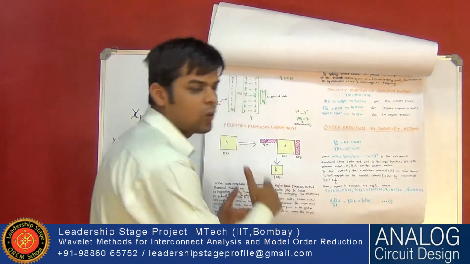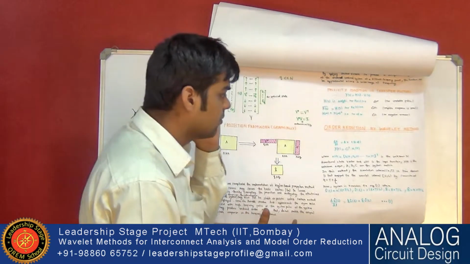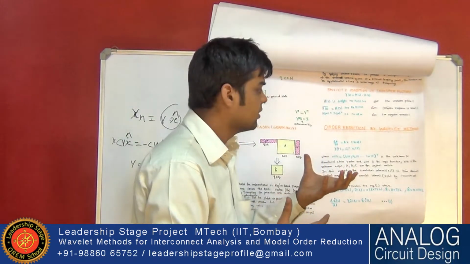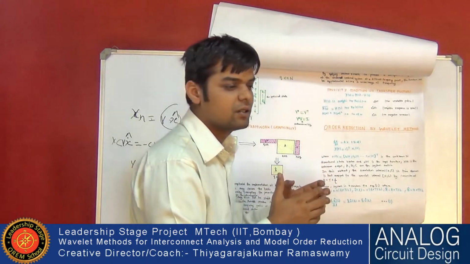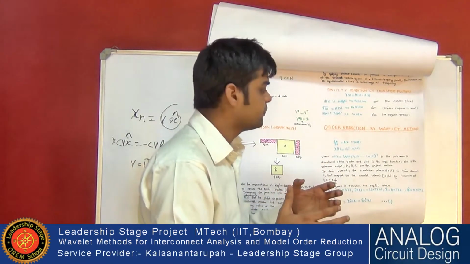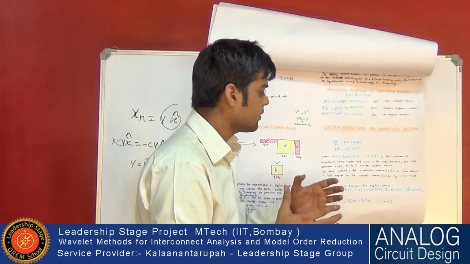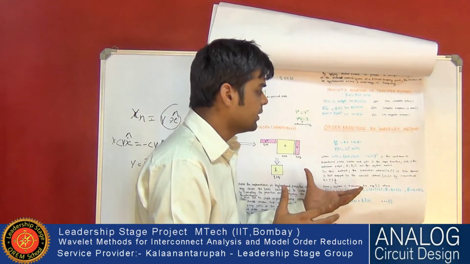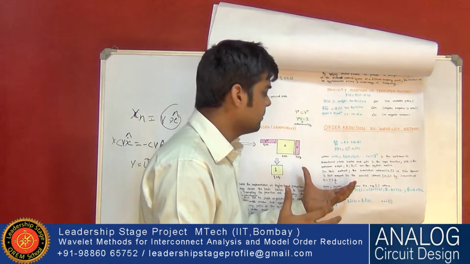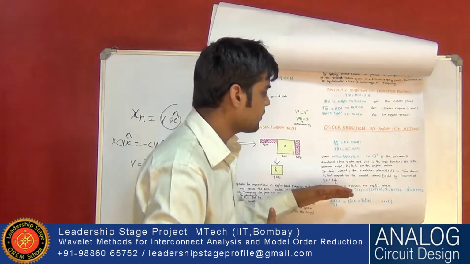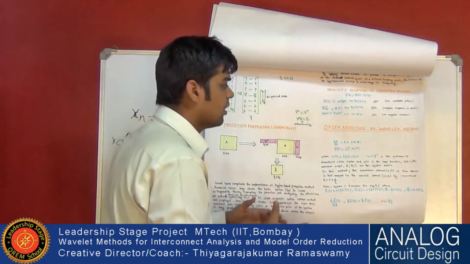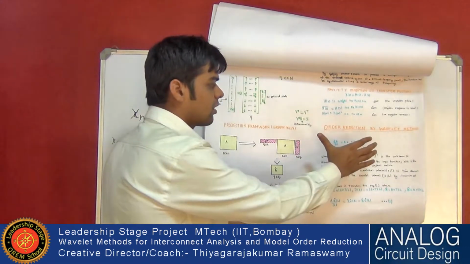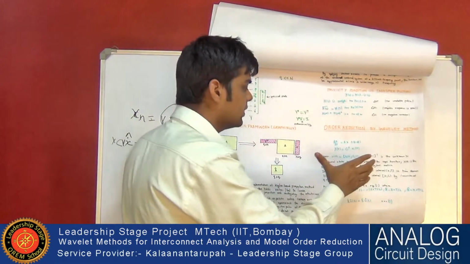The most discontinuous function is the square wave, but implementing that is practically very difficult. There are many others, depending on the multi-resolution property. So first we will look at how to reduce the model by wavelet methods.